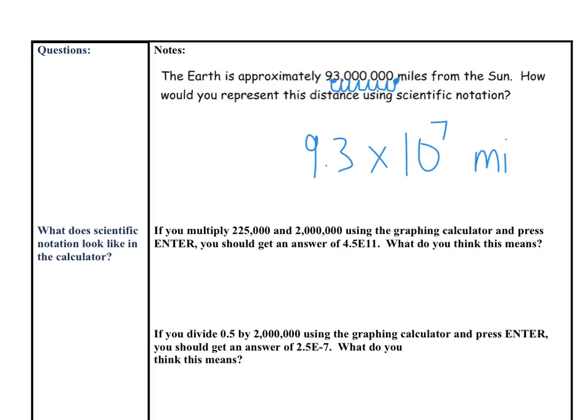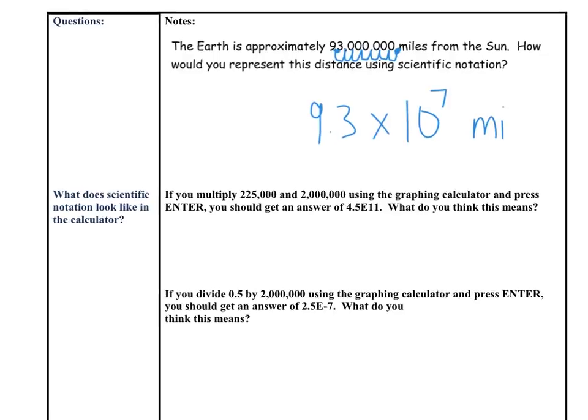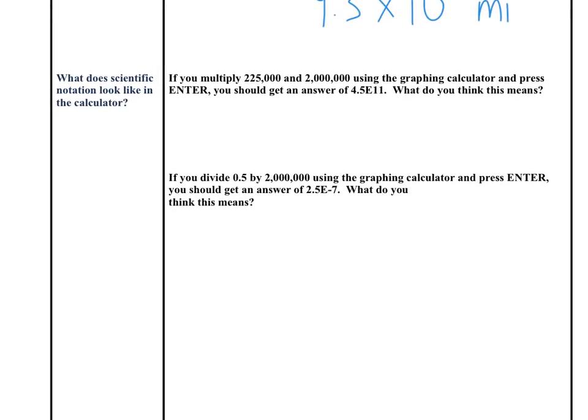Now, in our calculator, scientific notation looks a little bit different. You've probably seen it this year at some point, on accident maybe, but for example, if you multiply 225,000 and 2 million in our calculator, your answer will be 4.5E11. What this means is 4.5 times 10 to the 11th power.